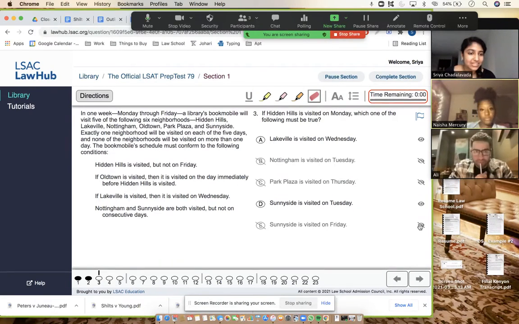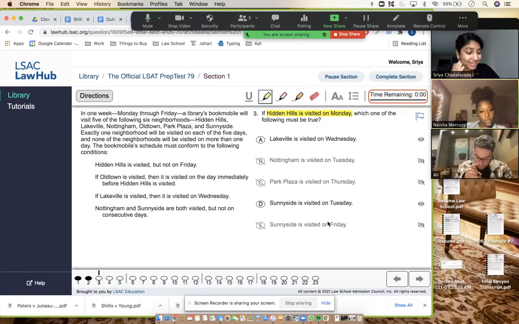So if H is visited on Monday, we're putting H on Monday. So now we just have to figure out which one of these must be true. We were supposed to cross out this one. Okay, so does it have to be true that L is on Wednesday or S is on Tuesday? How would you guys solve this one now that we've narrowed it down? So I would write down my lines to come up with a scenario. Put H on Monday and then put O out.